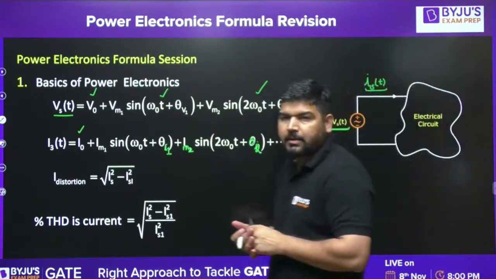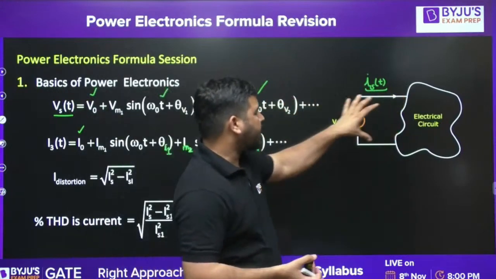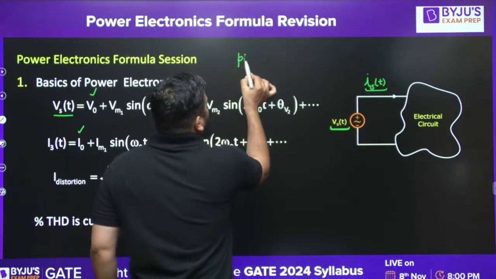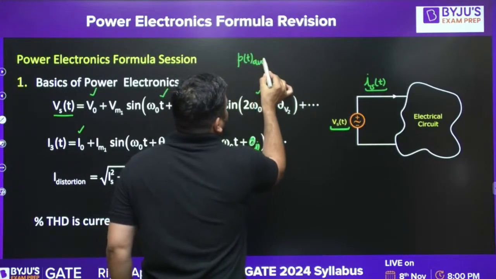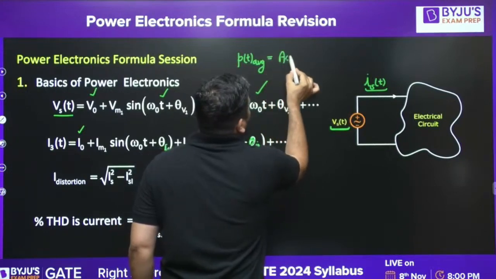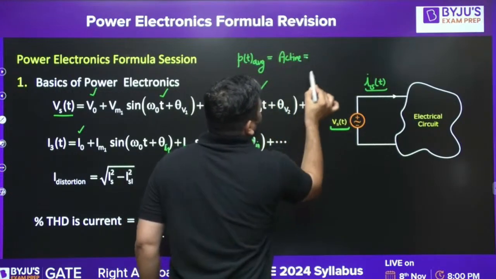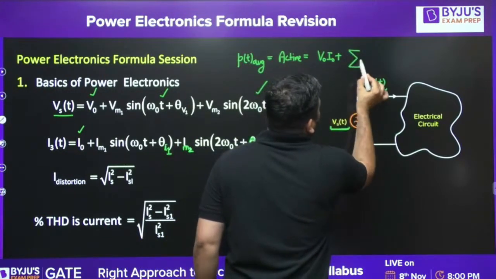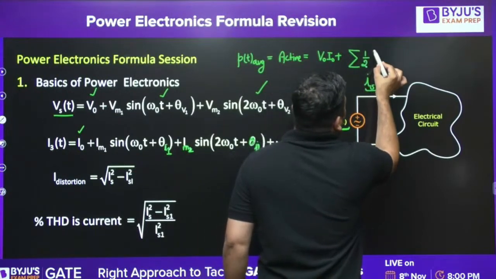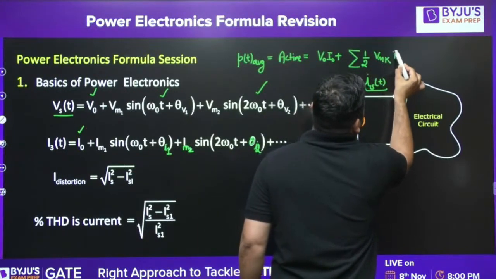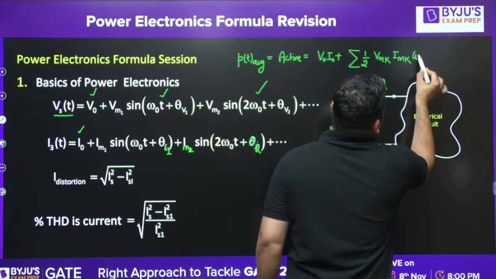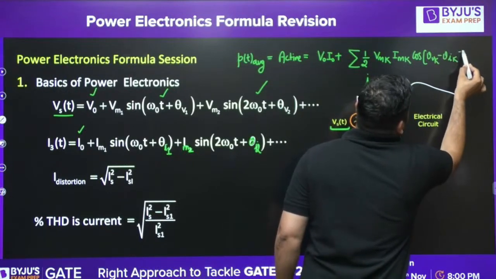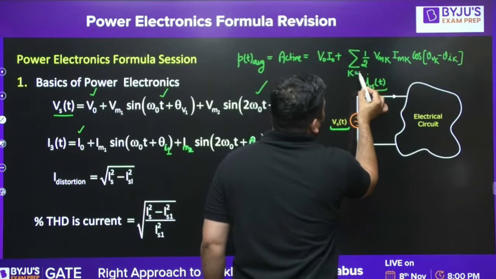If I apply Parseval's relation on this voltage and current, the average power or the active power supplied by the source will be V0 into I0 plus summation of 1 by 2 Vmk into Imk into cos of theta vk minus theta ik. K represents harmonics, K from 1 to infinity.